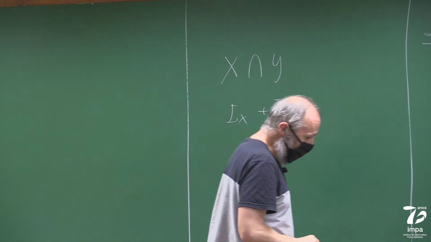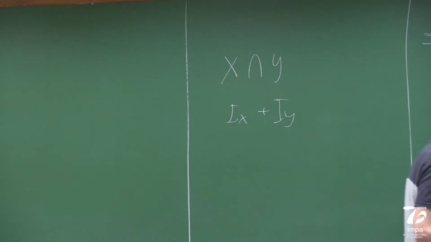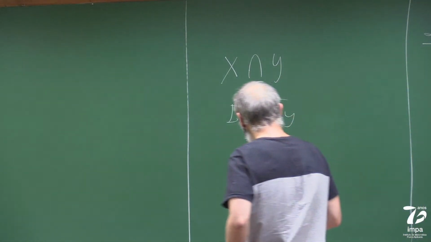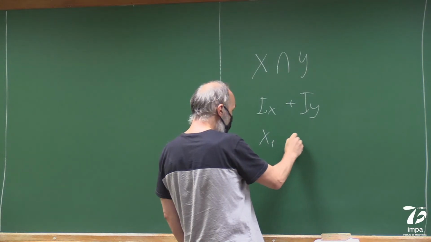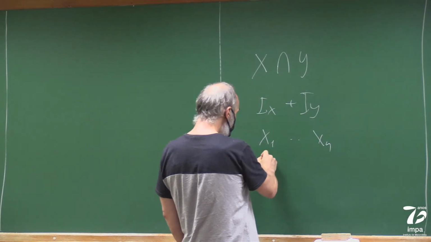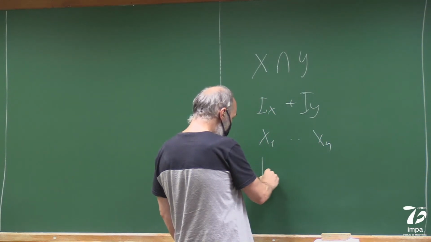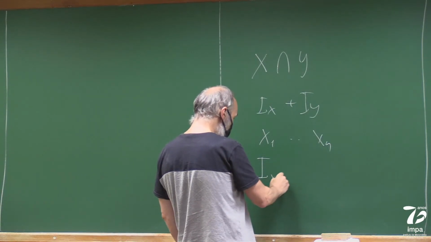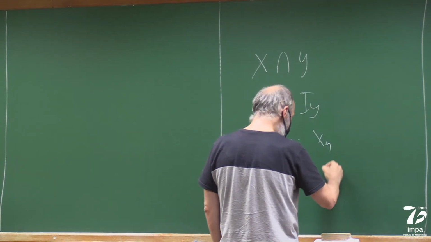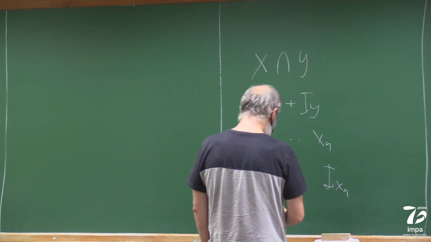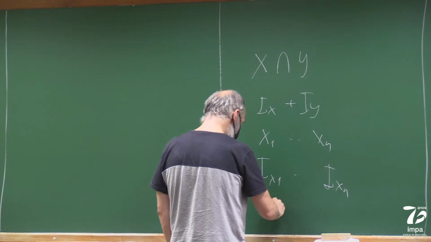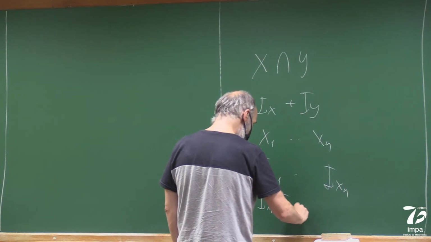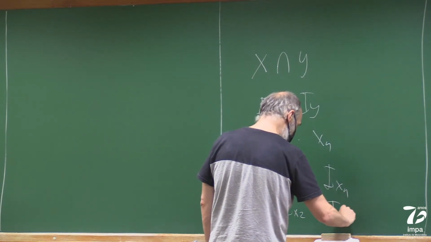And again, as usual, if you have a finite union of closed sets X1, ..., Xn, then you have the corresponding ideals I_X1, ..., I_Xn, and you take the product I_X1 times I_X2 times and so on times I_Xn.